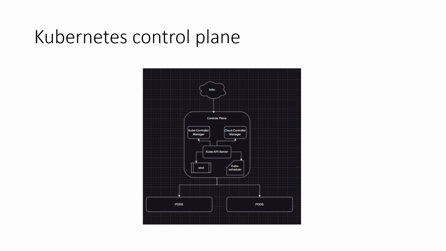That's just one example, because there are other components in your control plane, but I'm just giving you an example. The control plane components can run on any machine in a cluster, but typically run on a dedicated host. That's what is recommended.